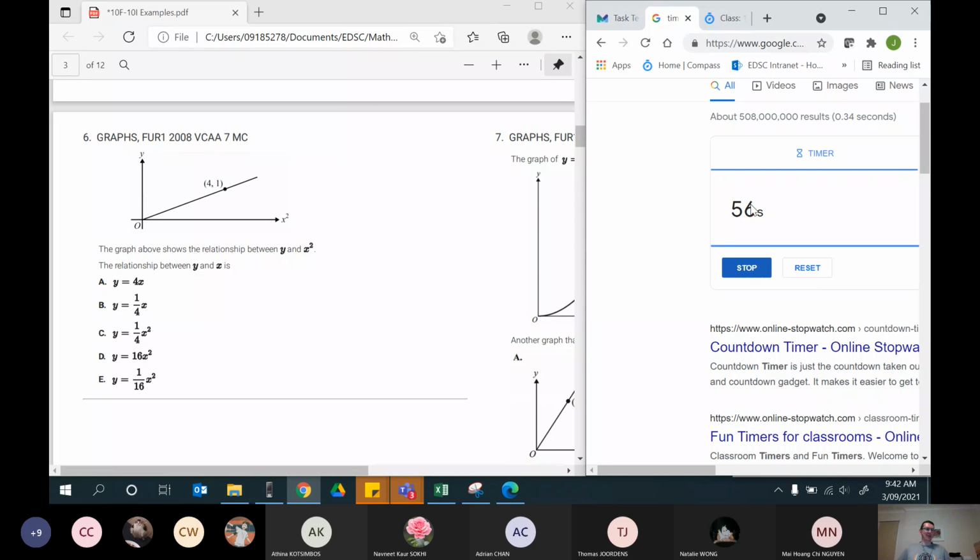I'm really keen to see what Ashley puts in. No pressure. But hopefully you can see how quick these can be in the end and the difference between the two of them.